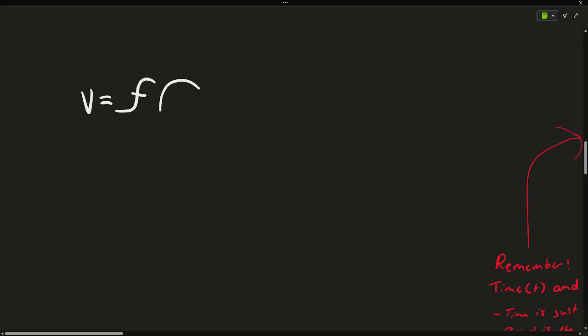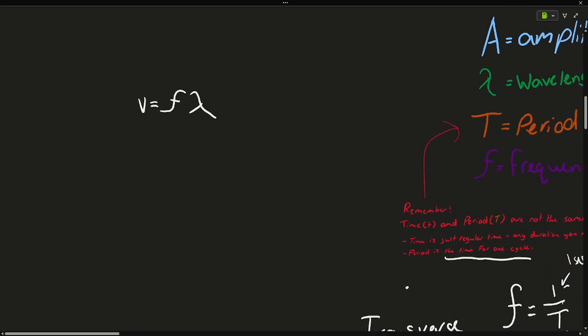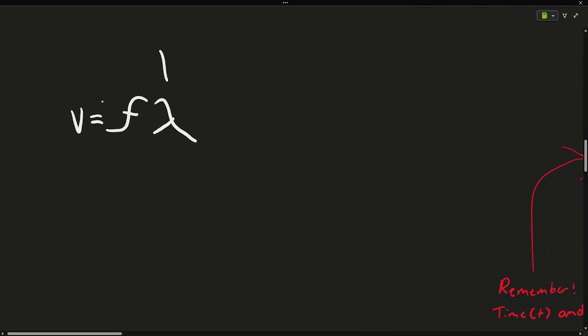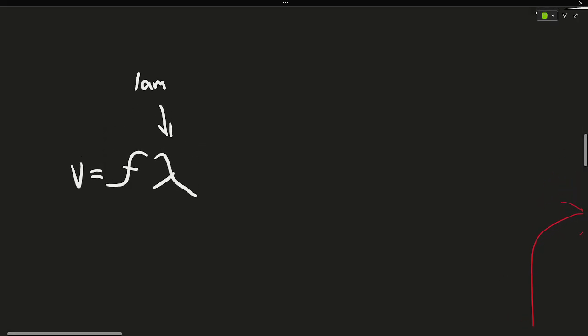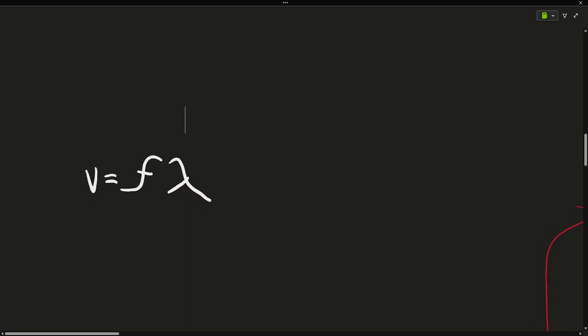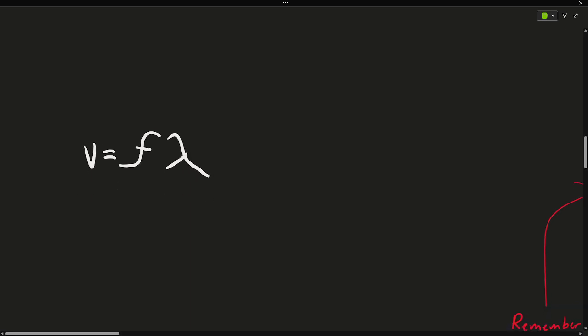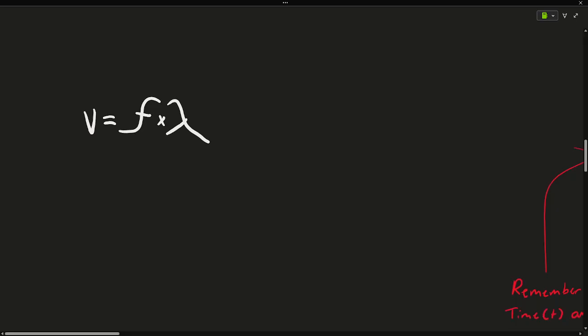By the way, the symbol for wavelength is called lambda. So velocity equals frequency times the wavelength.